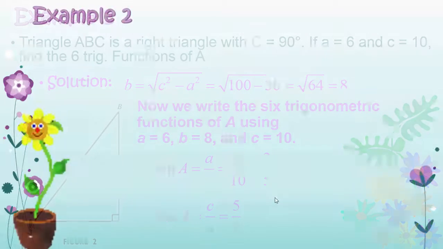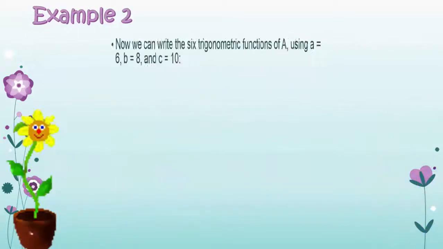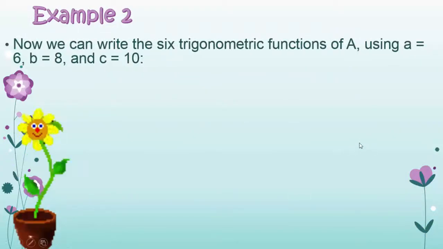Going through all 6 of them, we have the side a, opposite the angle, is 6. The one adjacent to the angle is 8, and our hypotenuse is 10.